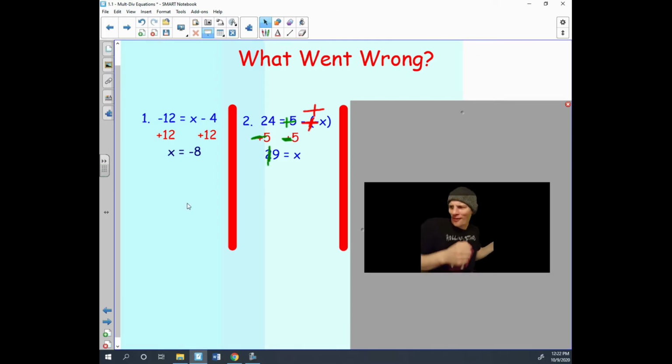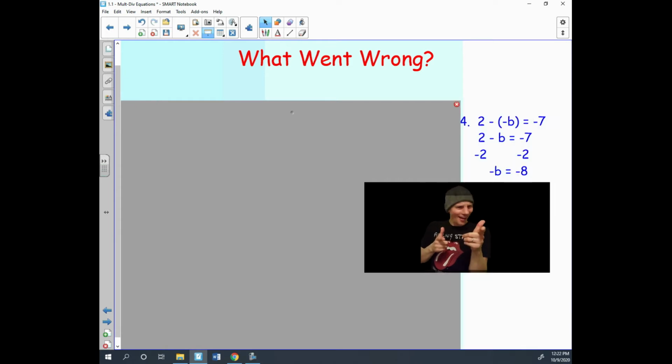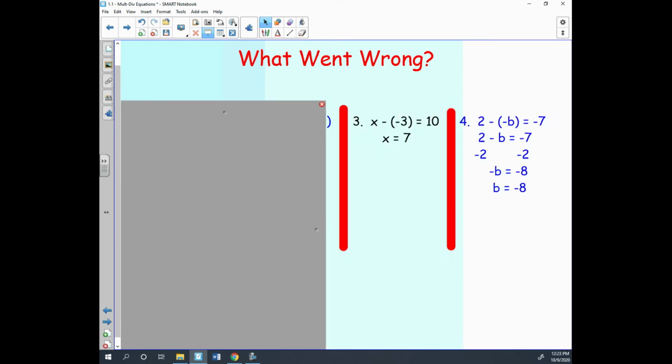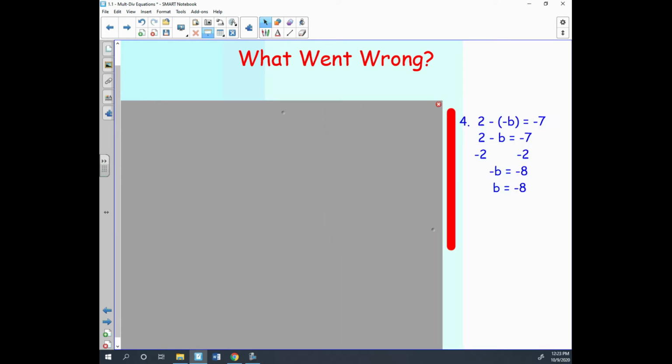Okay? And last but not least, tell me what went wrong on number 4. Something is not right there. The mistake is going to be somewhere right here with these double negatives. A double negative, minus a negative, turns into a plus sign, and they wrote a minus sign.